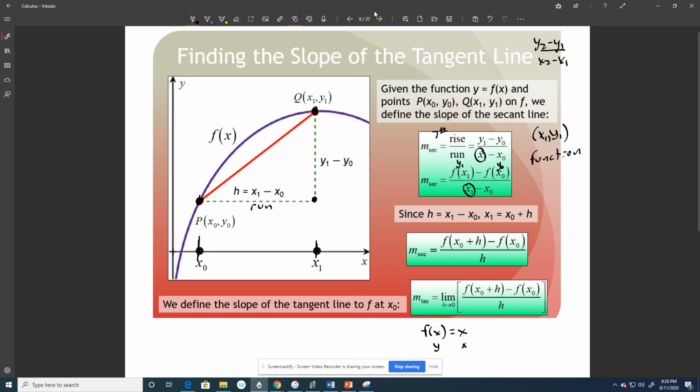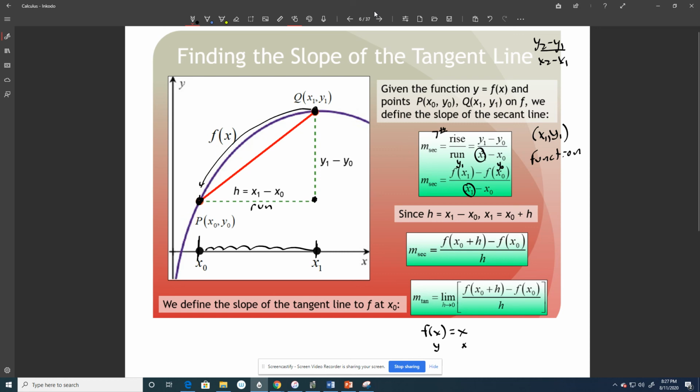Okay, here's my x. Here's what happens when I put x into the function and get a y value. Now, we're not going to worry about these bottom ones too much right now, but what we're trying to do is take this q value, remember, and move it closer and closer and closer to this p value. So basically, I'm taking this x and moving it closer and closer to my original x value.